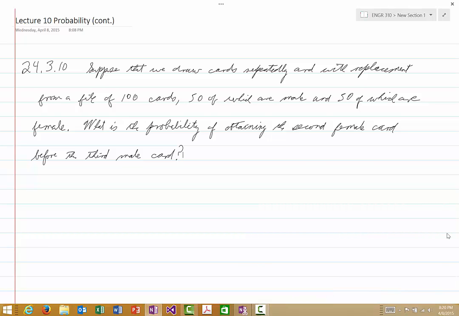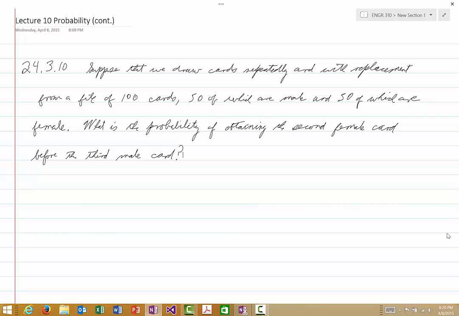Okay, to do this problem, let me start over and say it like this. We have to understand what the problem means exactly, so let's make sure of that first. So we're picking these cards over and over.